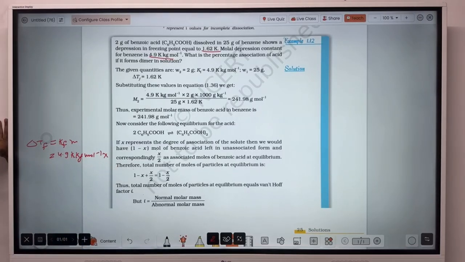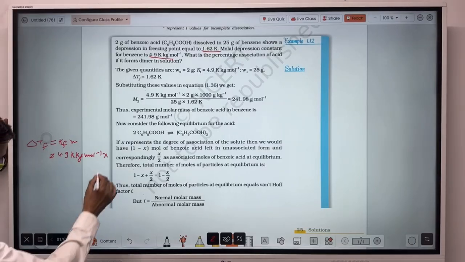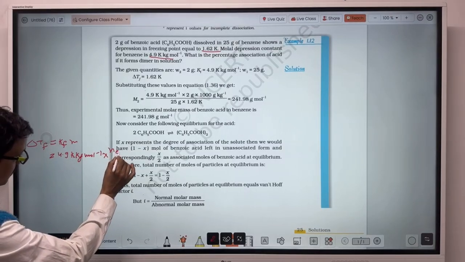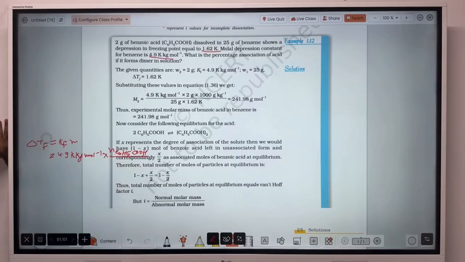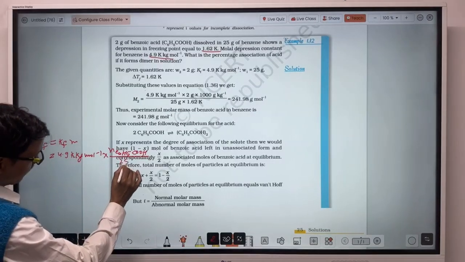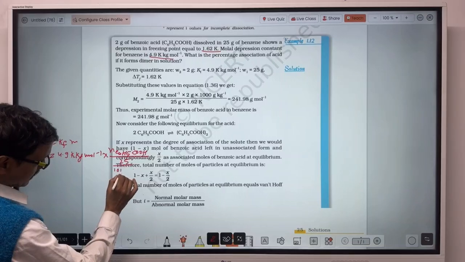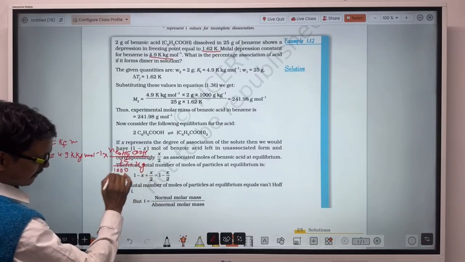Molality is the number of moles of solute, here benzoic acid, upon the weight of solvent in kg. The weight of solvent has been given as 25 gram; convert into kg, so 25 upon 1000.